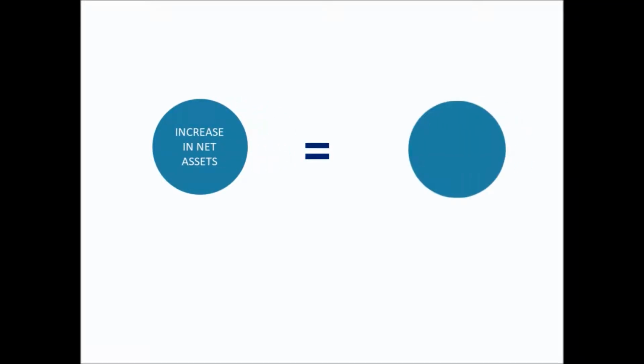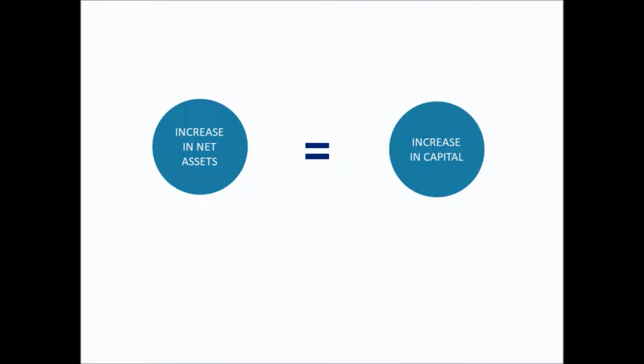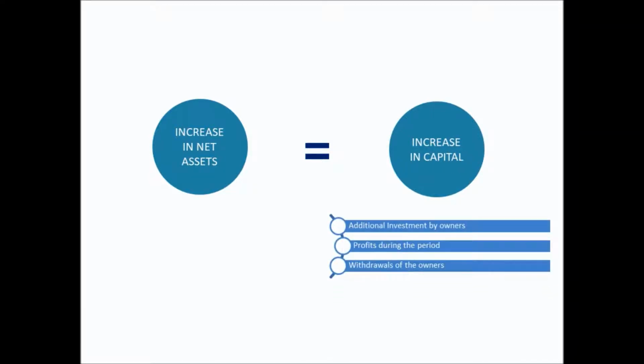Please remember that there are only three reasons for changes in capital or stockholders' equity, and these are additional investment by owners, profits during the period, and withdrawals of the owners. These are the only ones that affect the capital account.